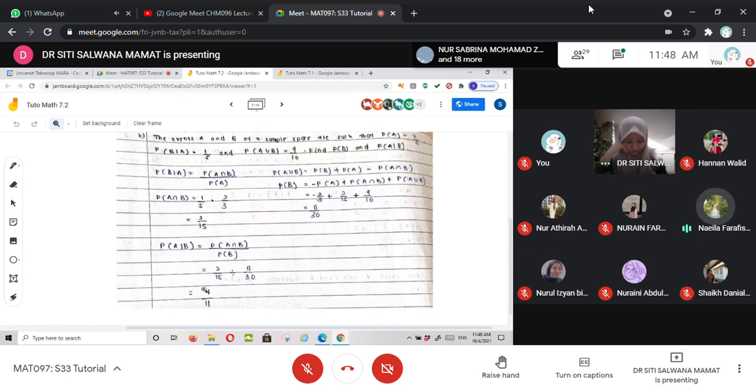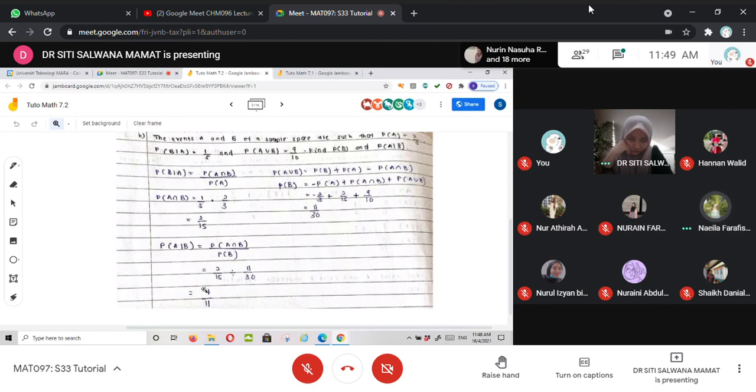So first saya nak cari probability A intersect B dulu. So saya pakai formula probability B given A equal to probability A intersect B divide by probability A, and then kita jadikan probability A union probability A intersect B as a subject, and kita masukkan the numbers, and kita akan dapat 2/15.